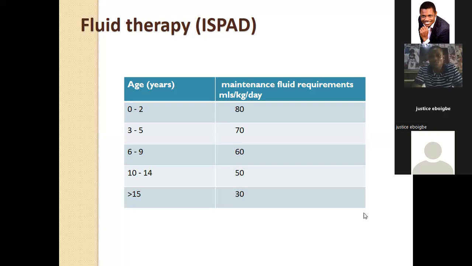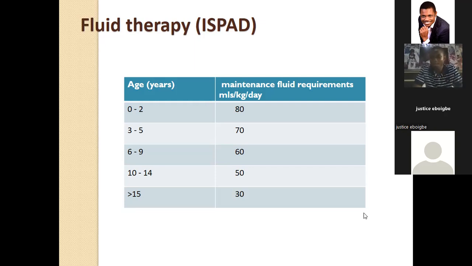Abi, so how many mils does that come to? 25 kg. The age is 8 years. 8 years, 25 kg, severely dehydrated. So how much fluid are you giving for the first 1 hour?